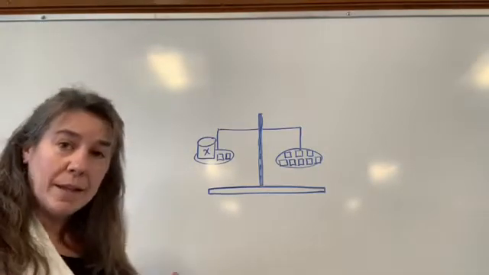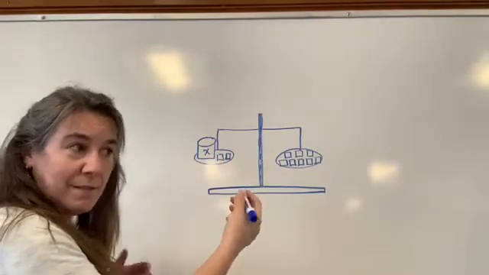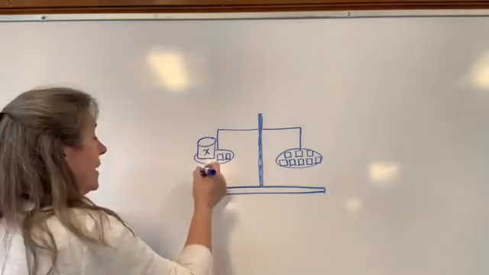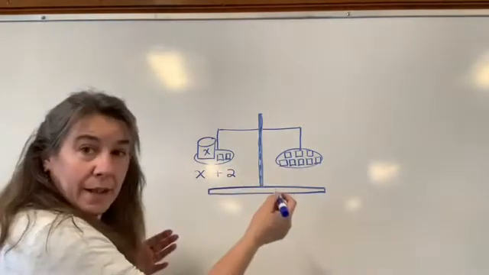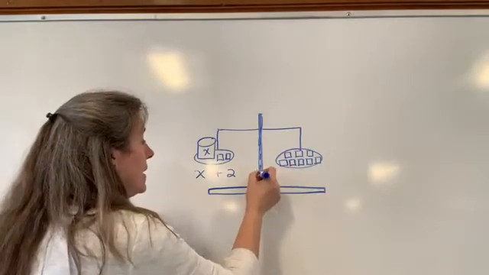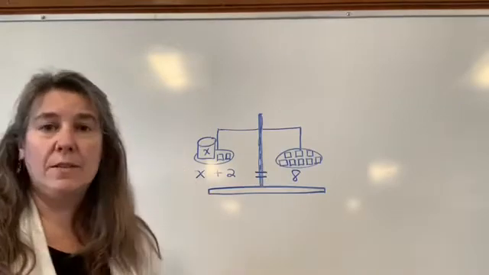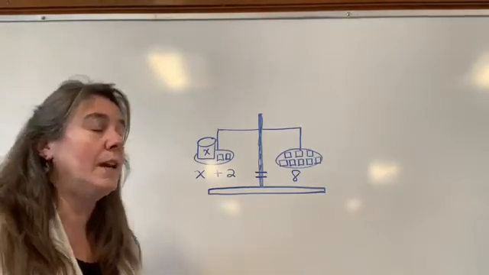So if we were going to write this, this expression would be x plus 2, and because it's in balance, we're going to say that that is equal to 8. So now we want to ask ourselves, how would we go about solving for that unknown quantity, x?